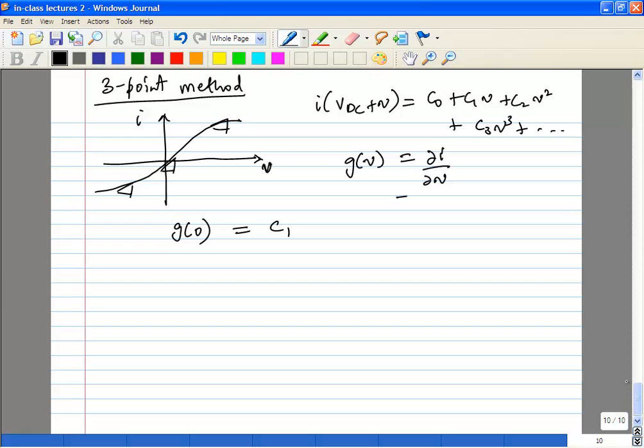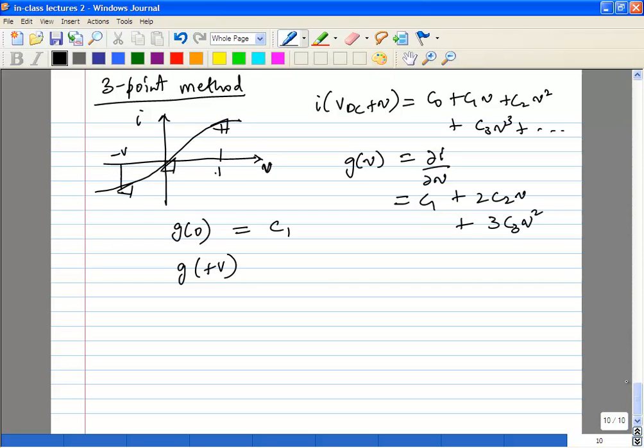First of all, actually, what is G of V in general? It is C1 plus 3C3 V squared. Okay, that is G of V in general. G of 0 happens to be C1. So let's say these are the 2 points we are calculating at, right?